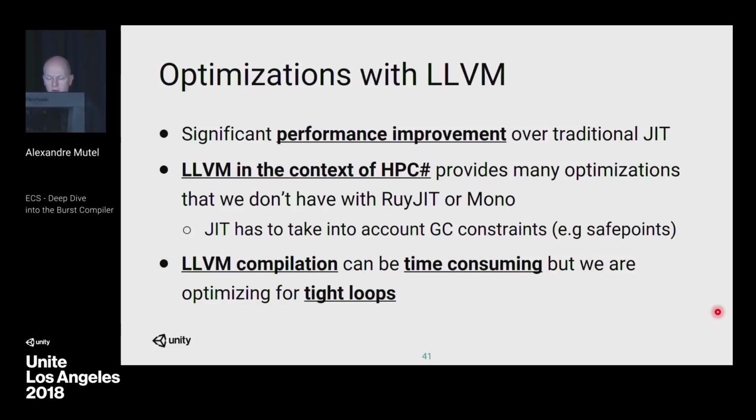And so the LLVM compilation time can be much higher than a JIT or than mono. But it's probably less a weakness because we are optimizing for tight loops. So we are focusing on maybe 20% of your code that we would like to optimize, but it's not going to be all your code.